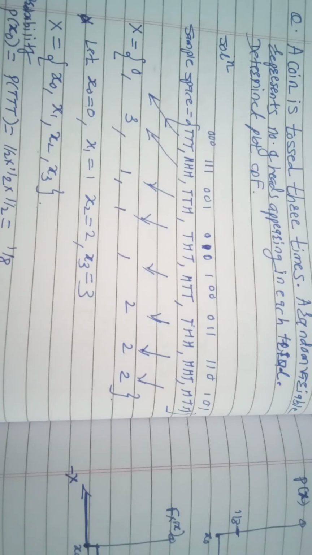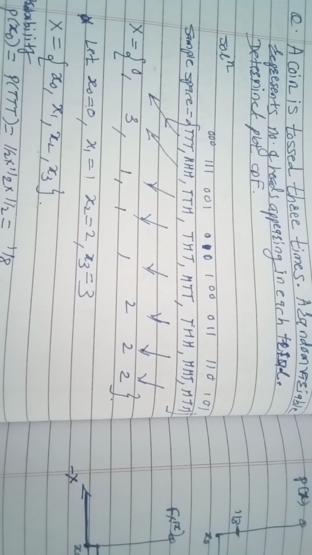The first step in CDF is finding the sample space. For finding the sample space, you should see what the random experiment is. The random experiment here is tossing a coin 3 times.